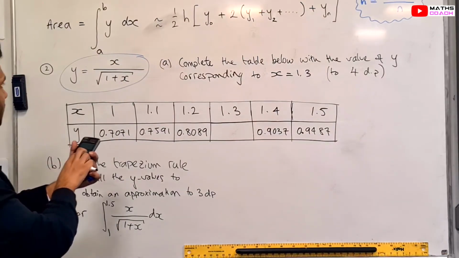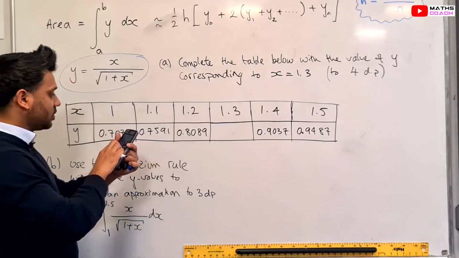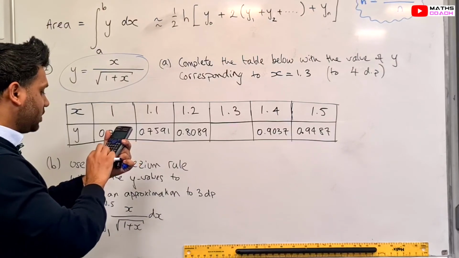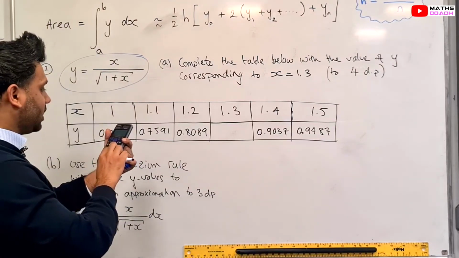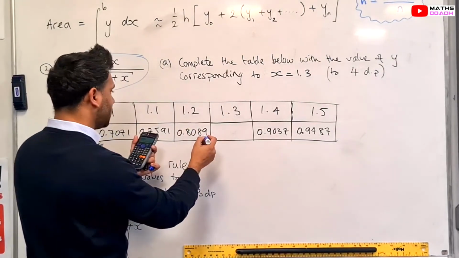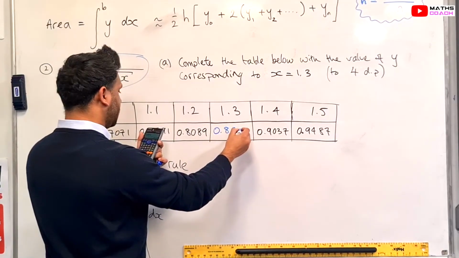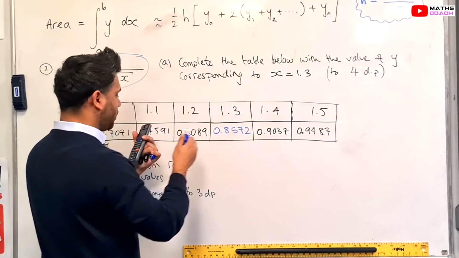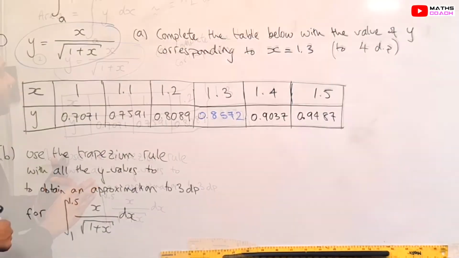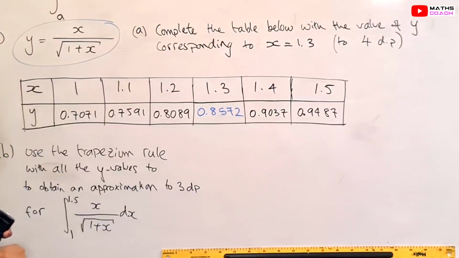So you have 1.3 over the square root of 1 plus 1.3, and give your answer to 4 decimal points. So that's 0.8572 if we round it to 4 decimal points. Right, so that's part A done.